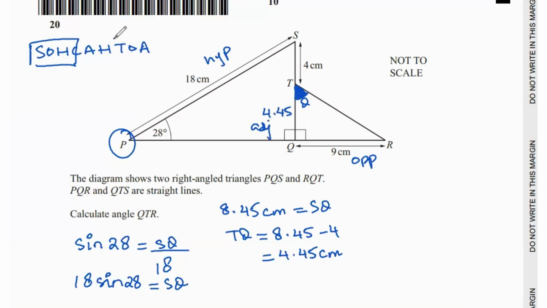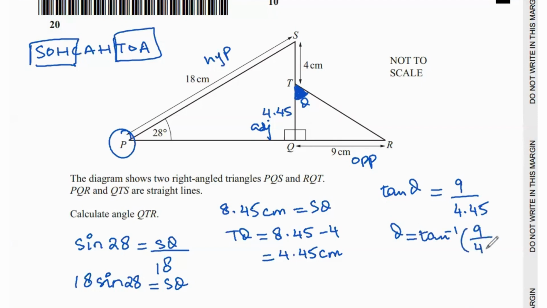So we can easily use tangent. Tan of angle QTR equals 9 over 4.5. So tan inverse of 9 over 4.5 will give us the value of the angle, which is going to be 63.69 degrees. That's angle QTR.